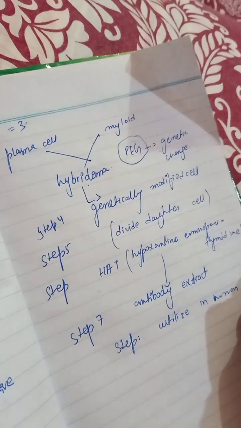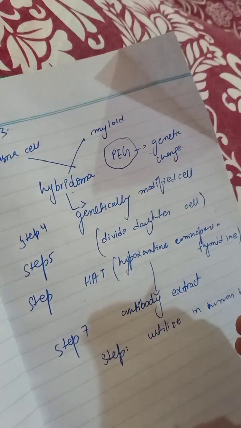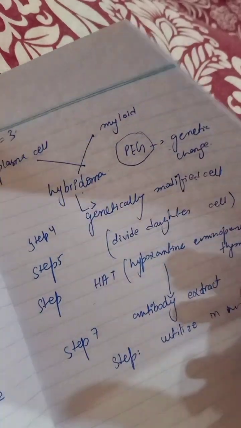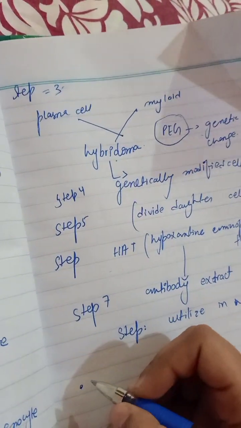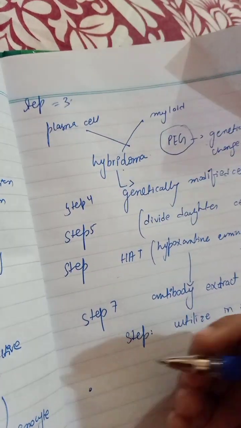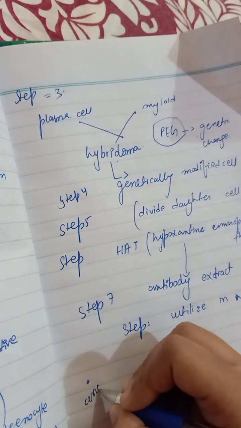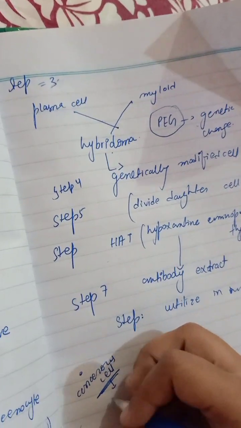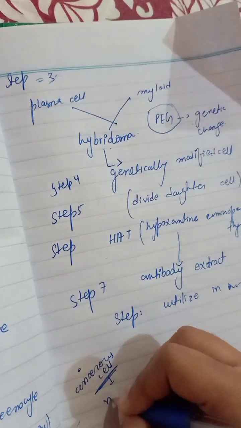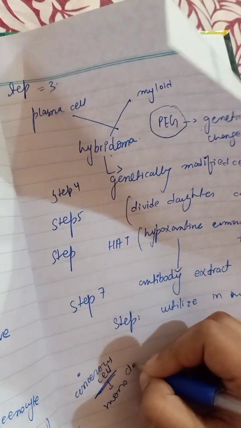This technique is very costly, and you can consider that it works in genetic engineering. For example, for treatments where we have cancerous cells, we can treat them with the monoclonal antibody.